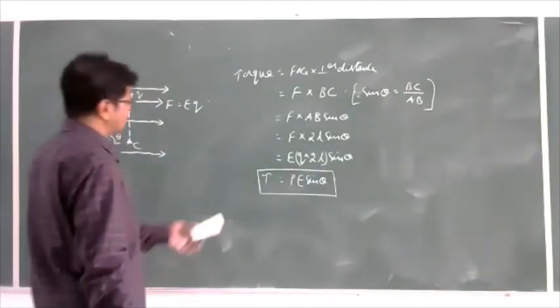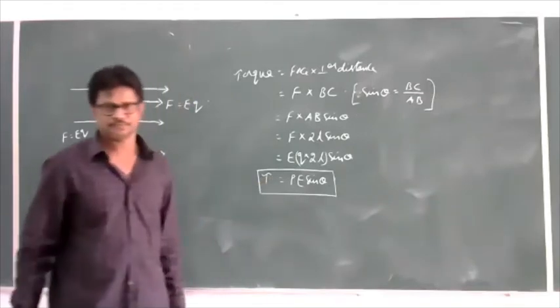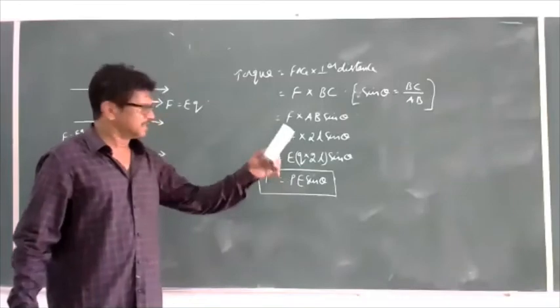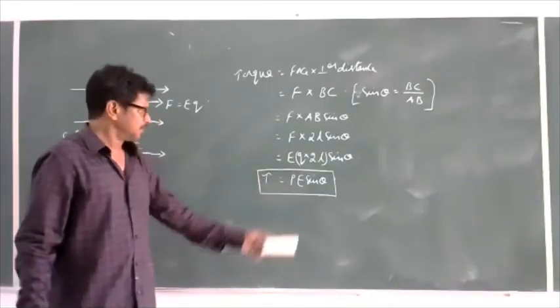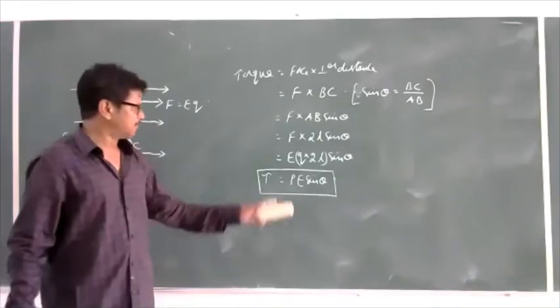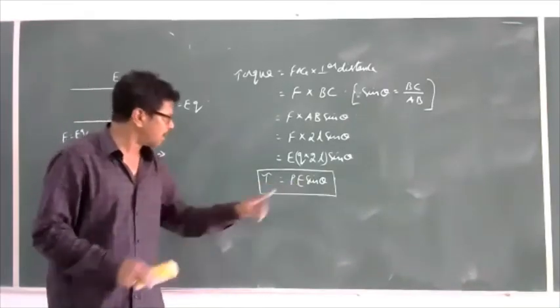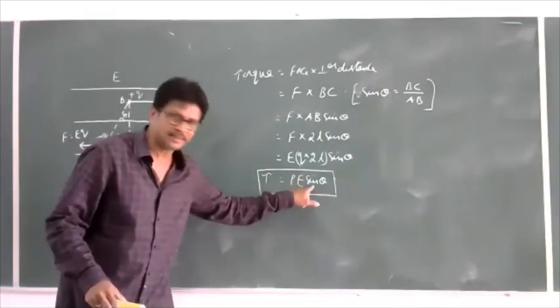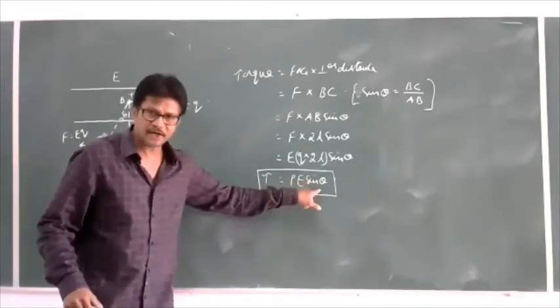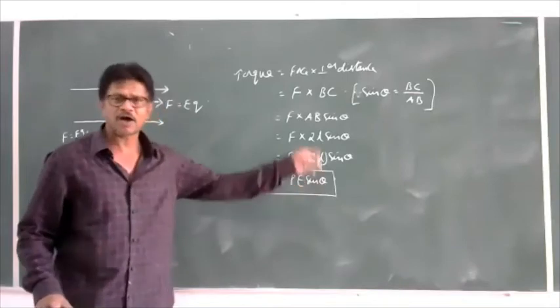As we know, torque is a vector quantity, dipole moment is a vector quantity, electric intensity is a vector quantity, then this is in the form of AB sine theta, and we can write A bar cross B bar.